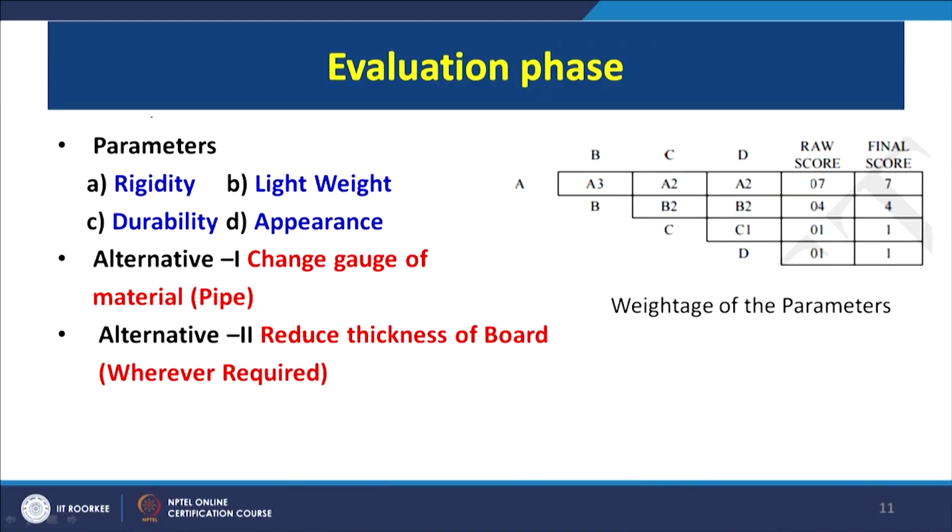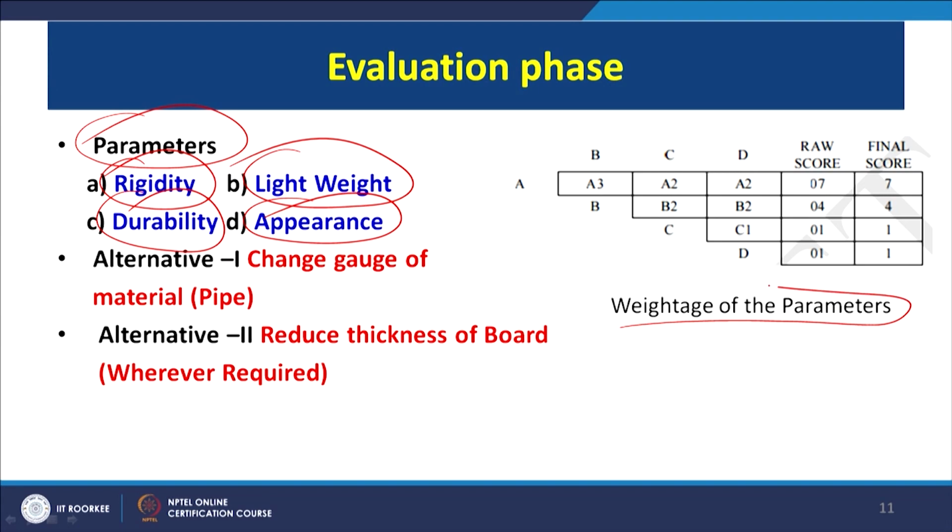Now, here evaluation phase, what are the parameters here? The parameters decided for this case study, as published in the research article, are rigidity, it must be lightweight, durable, and the appearance must be good. So, these are the 4 parameters. So, weightage of the parameters is found out.